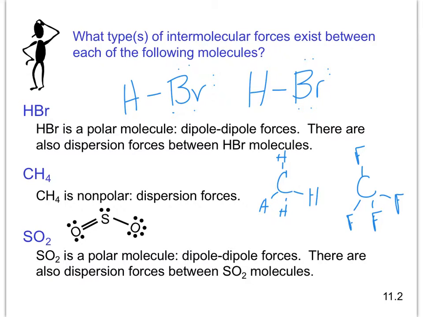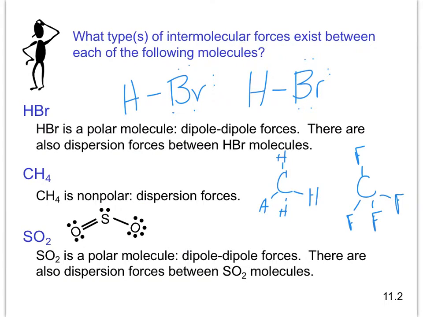The last one is SO2. That's a nice little bit tricky Lewis structure that you did in your practice worksheet. It would also have resonance. So it is another polar molecule. There's a lot of sort of interesting arrangements of electrons with the lone pair on the sulfur, as well as the 3 lone pairs here.